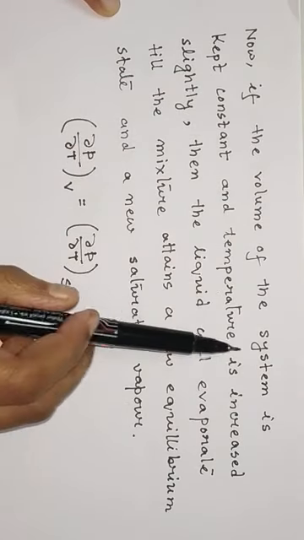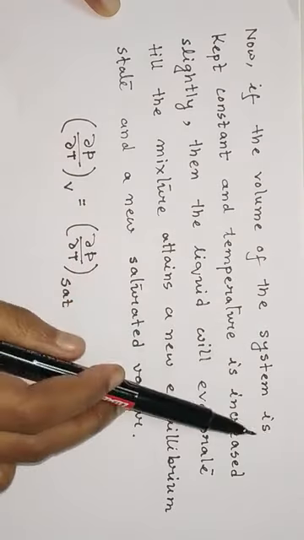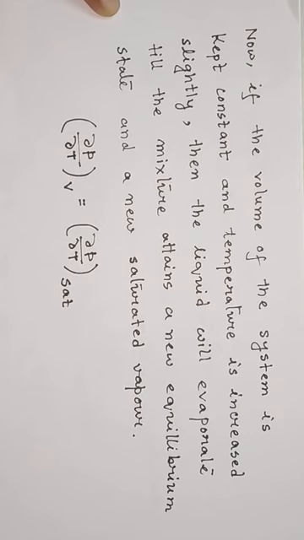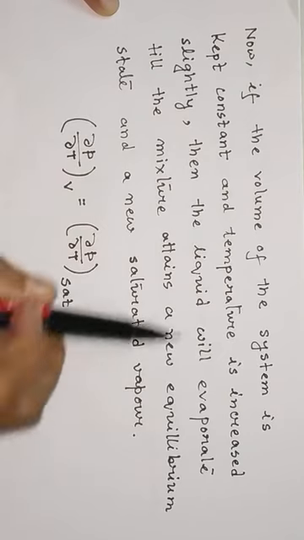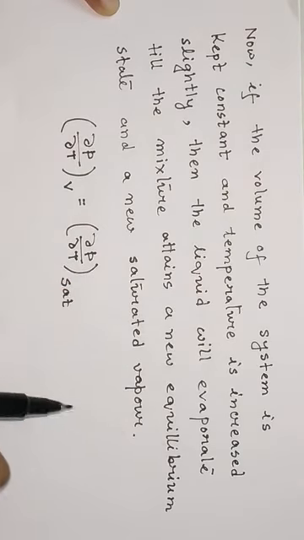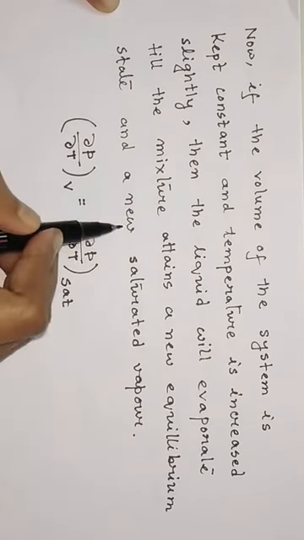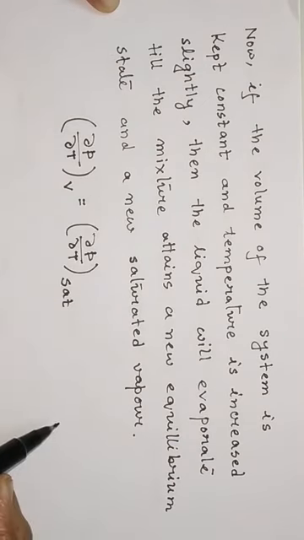If the volume of the system is kept constant and temperature is increased slightly, then what will happen? Then also the liquid will evaporate, but the equilibrium system will be disturbed and a new equilibrium state will be achieved. The vapor pressure will also change, and once the equilibrium state is achieved, a new vapor pressure will be there for the saturated vapor.